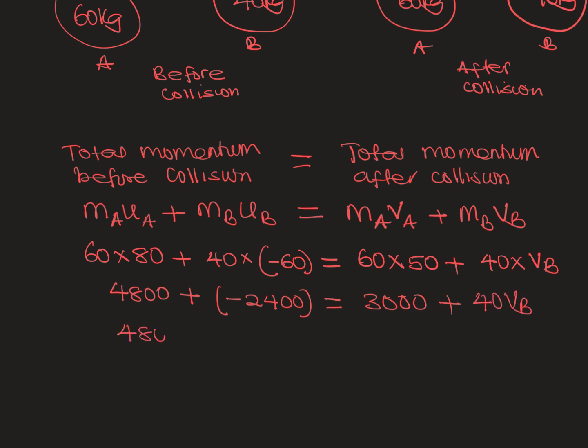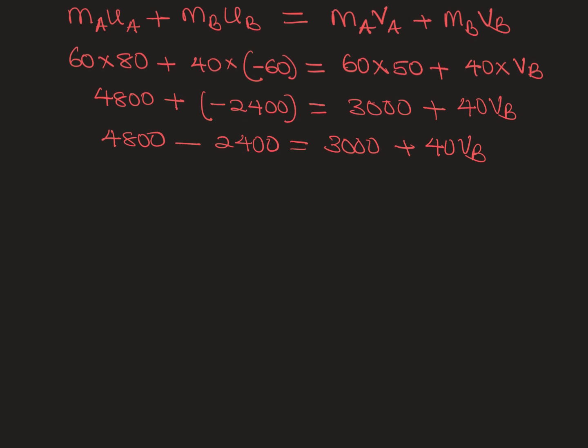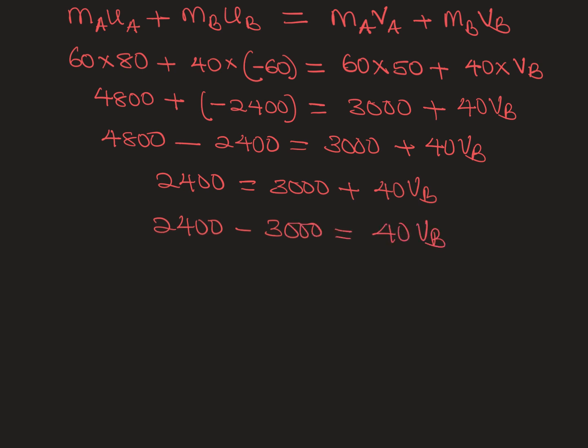So I will have 4,800 minus 2,400, which is 2,400, equal to 3,000 plus 40 VB. So 2,400 minus 3,000 is equal to 40 VB.